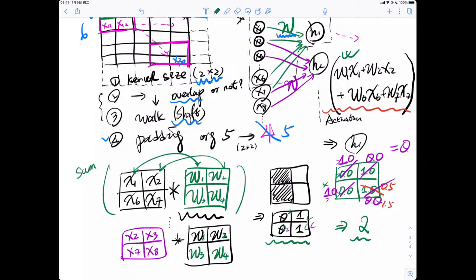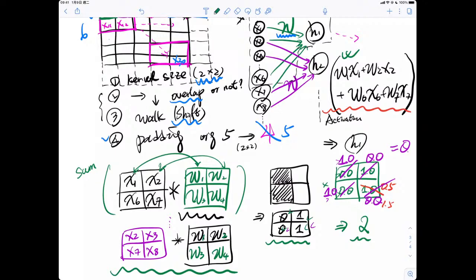So at the next run, when we shift the kernel from x1, 2, 6, 7 to 2, 3, 7, 8, weights 1, 2, 3, 4 are trying to evaluate how similar their values are.